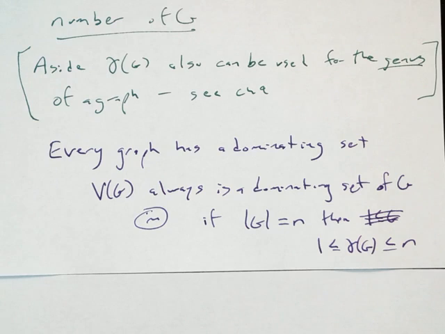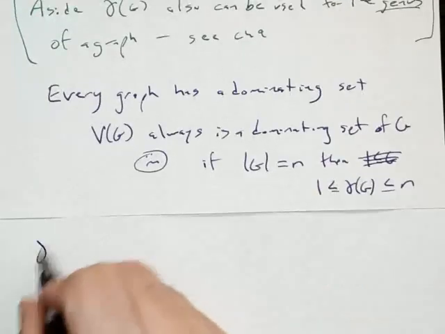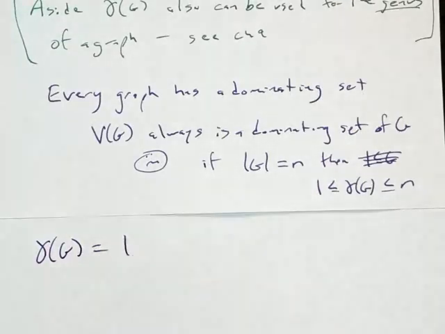When is your dominating number 1? So there's got to be a vertex whose degree is?